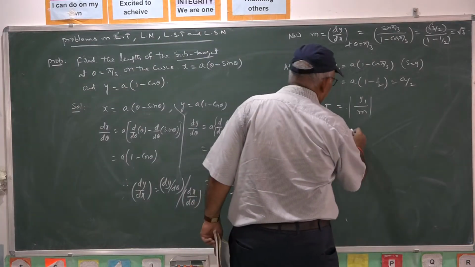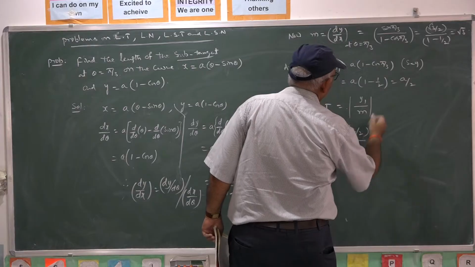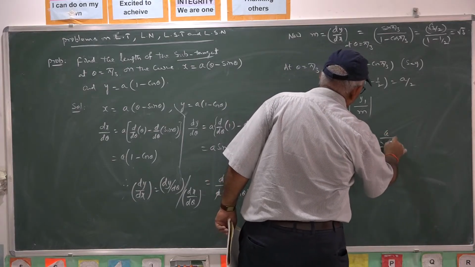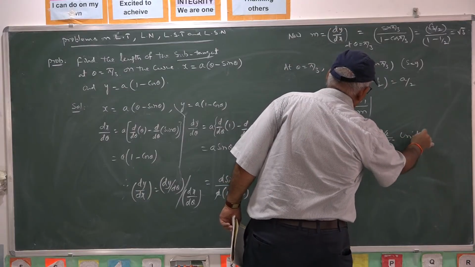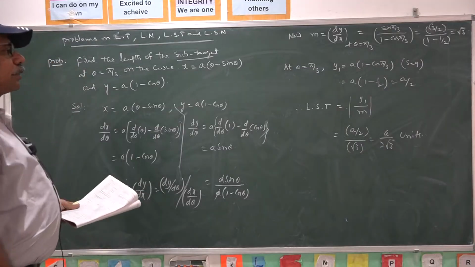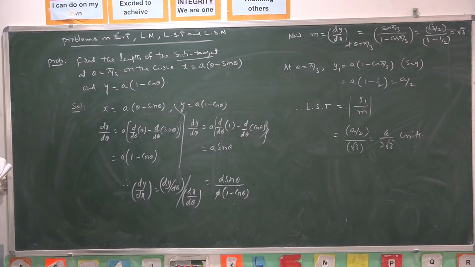So, y1 is here a by 2, and m means root 3, which gives a by 2 root 3, since it is length units. The length of the subtangent is a by 2 root 3.